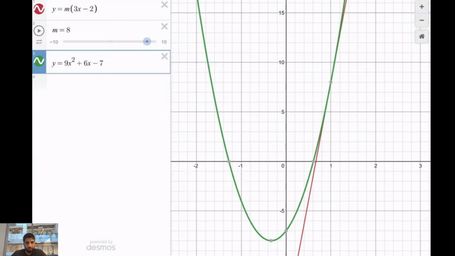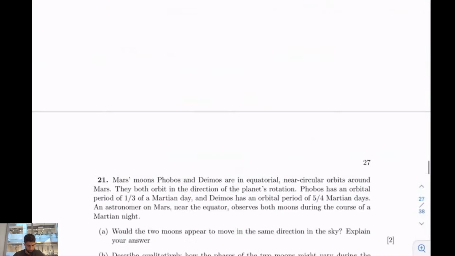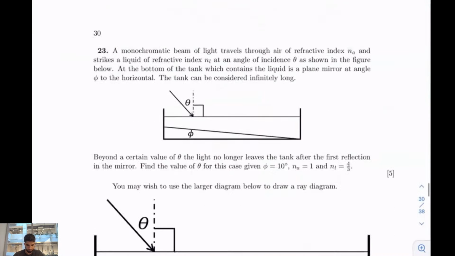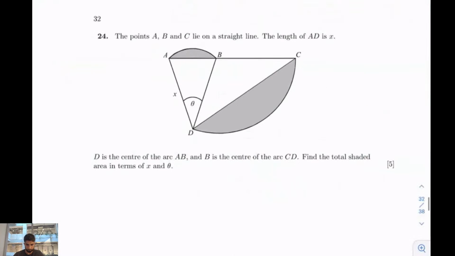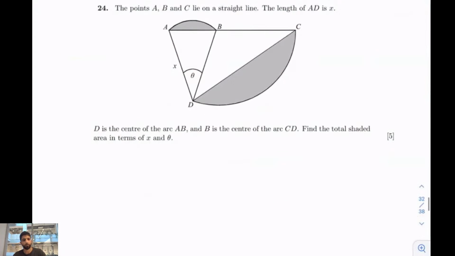Right, we can now look at the next question, which is question 24. This one is a question about areas, shapes of areas.